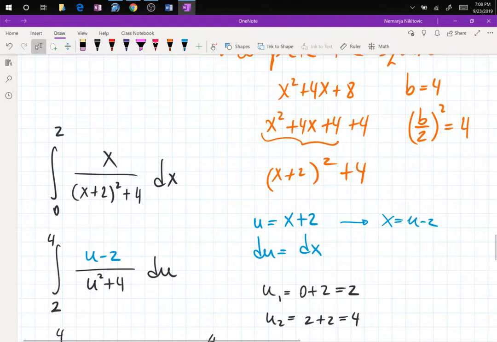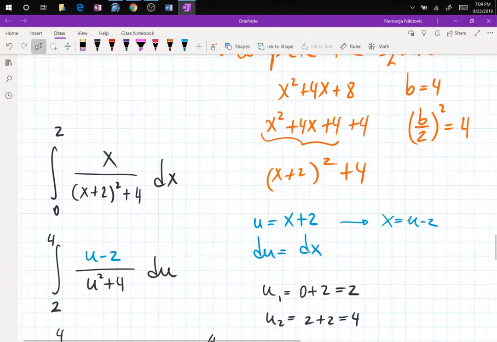So back substitution, right? We had that this stuff is u, so you get u squared plus 4, and then we don't have anything for x in here unless I solve x is equal to u minus 2, which is why that got there.